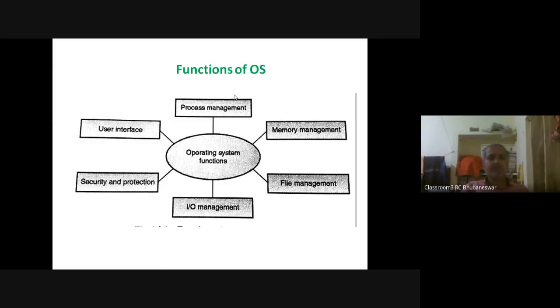Whatever command we are writing, copy, paste, kuch bhi, that cannot be understood by the computer. So the work of the operating system is to convert the commands into machine understandable form. Means machine or digital computer can understand only binary numbers. The command interpretation is the most important function of operating system.